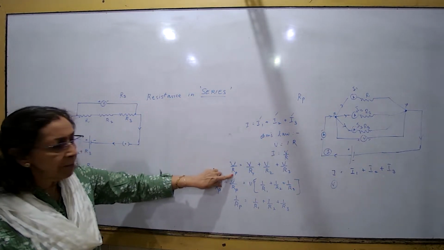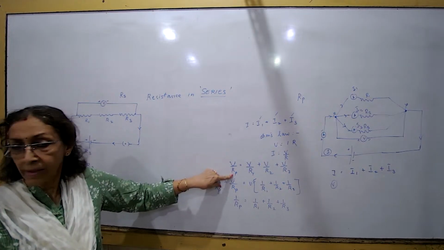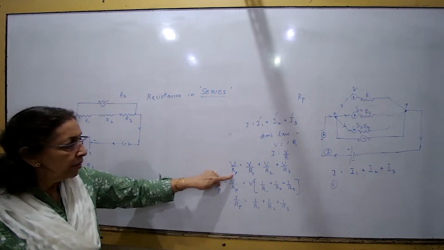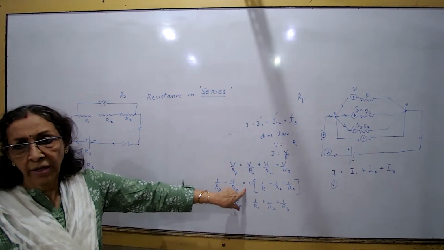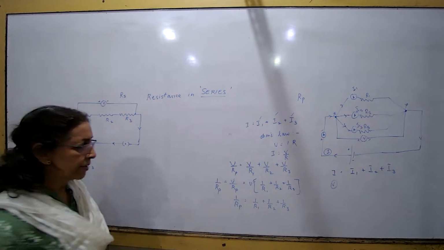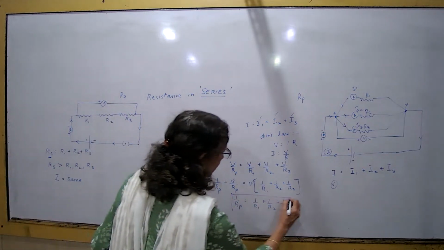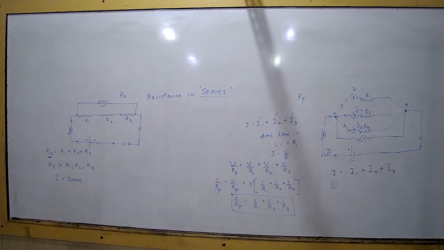Why did we put RP? Because P is for parallel. V is common here, we are taking V outside the bracket and therefore it gets cancelled. So what we have now is a formula where we can use the equivalent resistance of resistors connected in parallel.